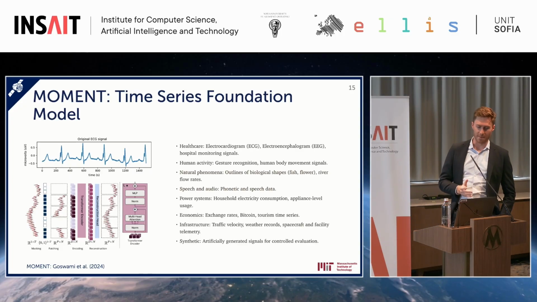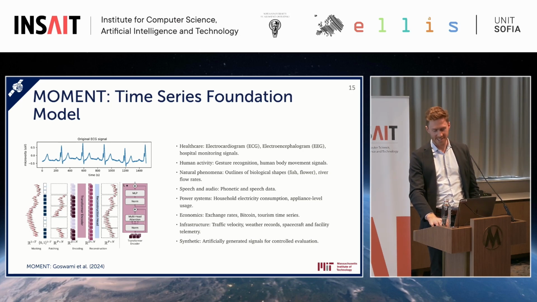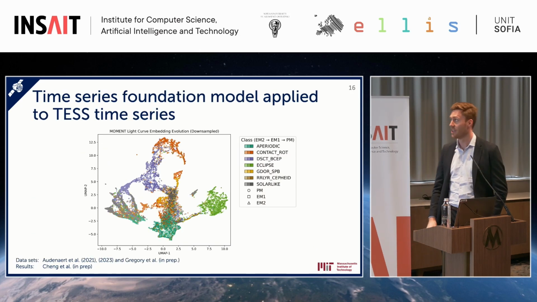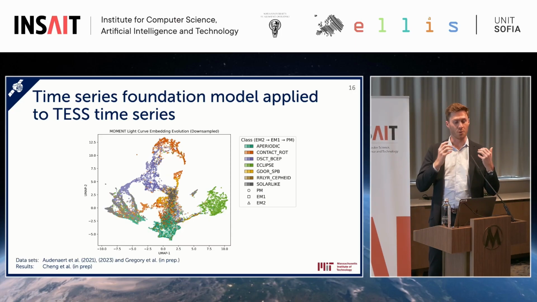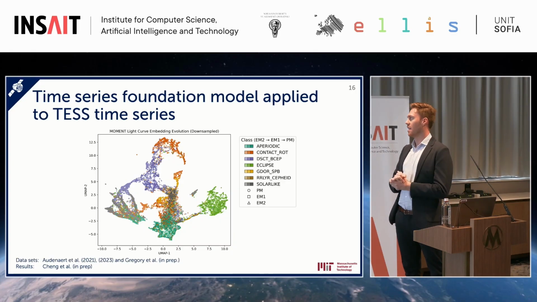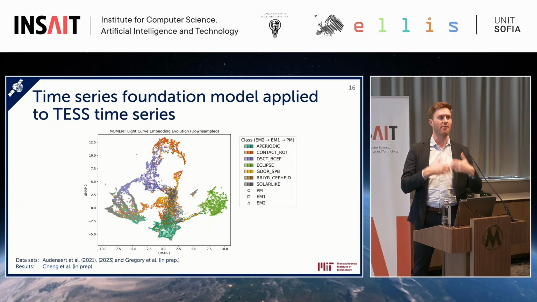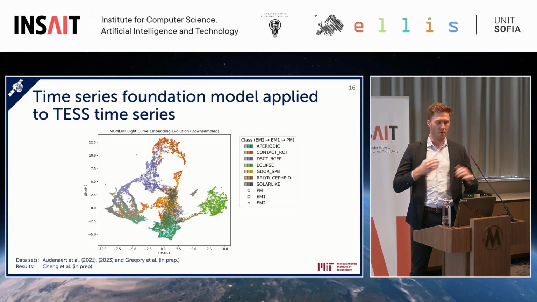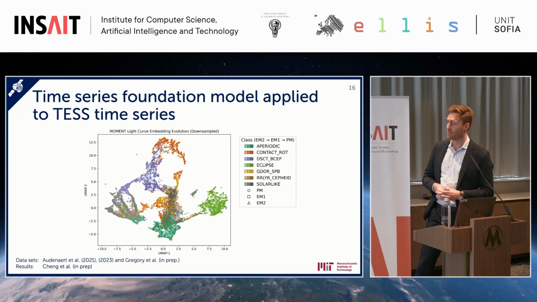This is quite interesting, because we applied this general-purpose foundation model, which has never seen any astrophysical data, to astrophysics data, specifically from the TESS mission, and we see that the model is able to distinguish between the different physical classes we observe. What I'm showing here is a UMAP plot. Specifically, we took the latent space of our model, the underlying representation, and ran about, I think, 20,000 astrophysical time series through this.